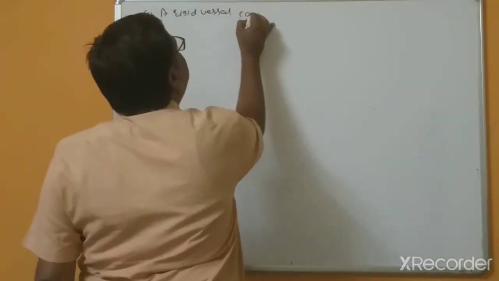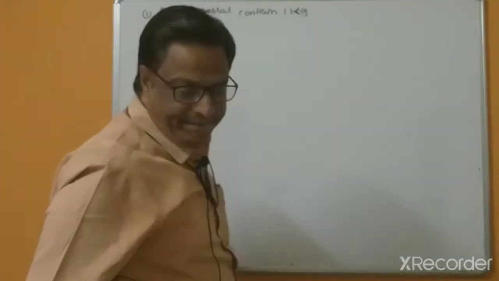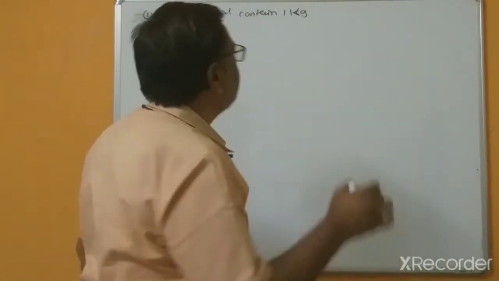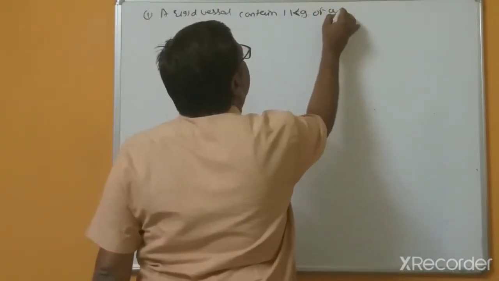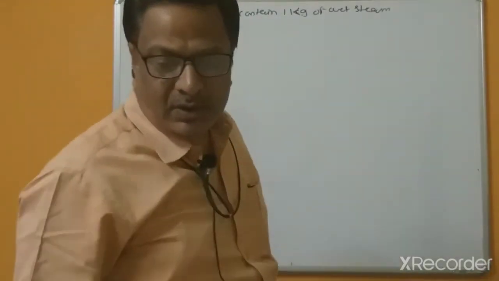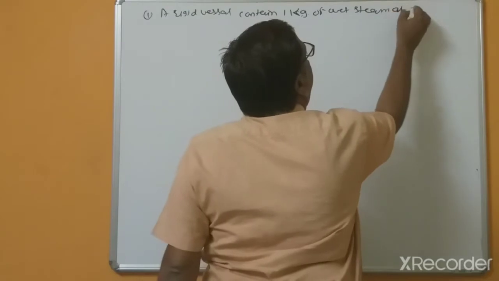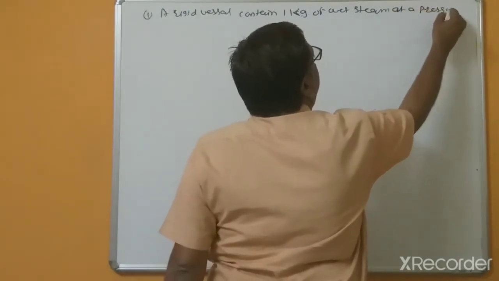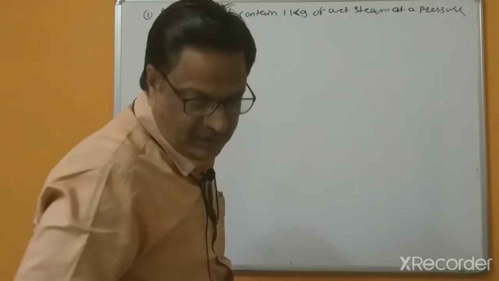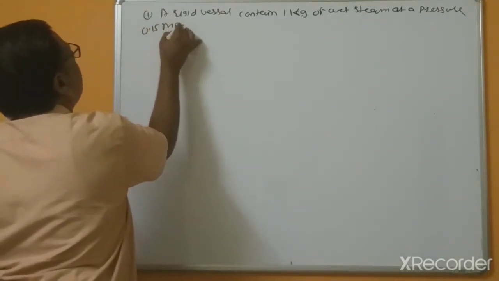A rigid vessel contains one kg of wet steam, which is a mixture of liquid and vapor, at an initial pressure of 0.15 megapascals.